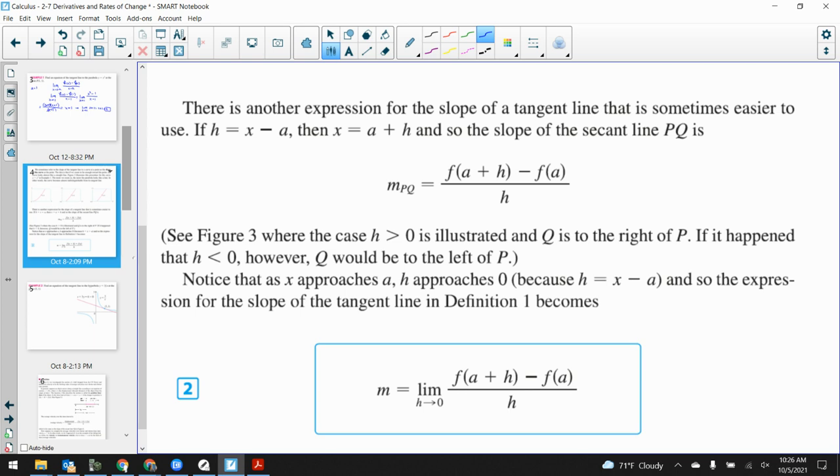The limit as h goes to 0 of f of a plus h minus f of a all over h. I'll give you a second to write that down before I talk through it, because it's important to understand exactly what's going on and where those h's came from.